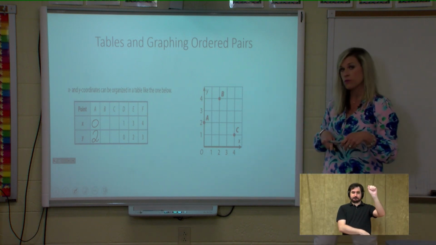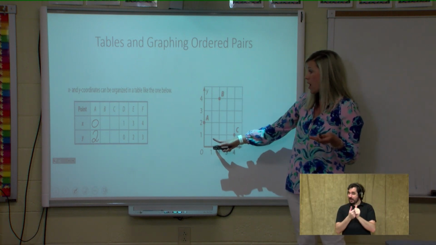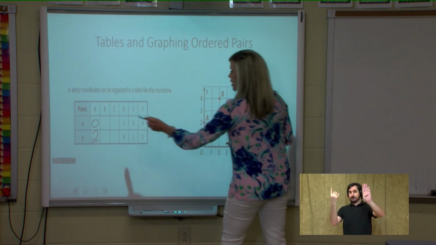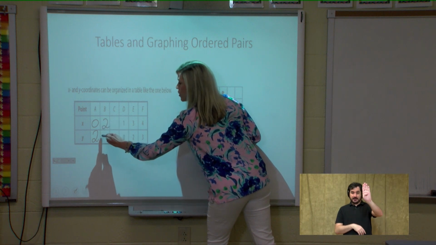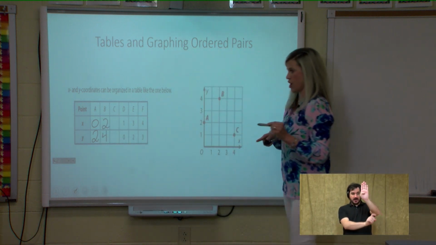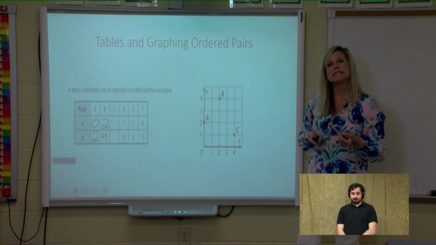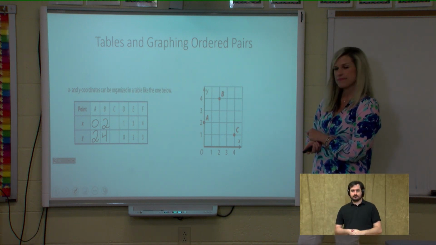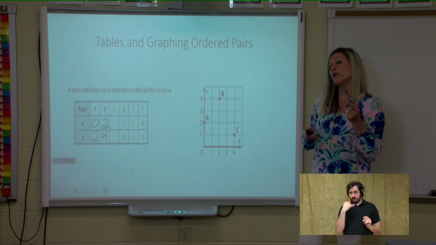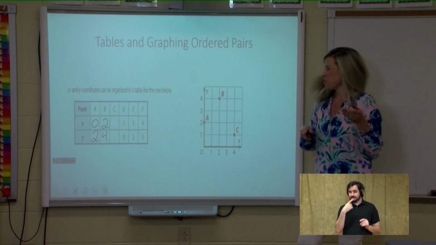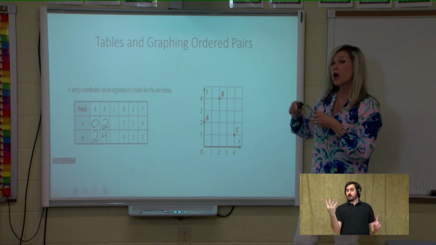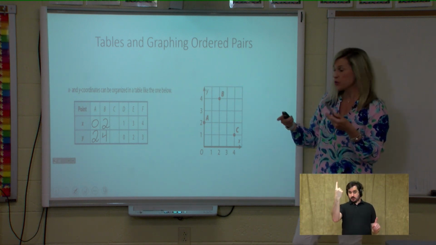What is B? We did this together just now. Over 2, up 4. So X is 2, Y is 4. What is C? If you said that C was over 4 for the X, up 1 for Y, you're correct.